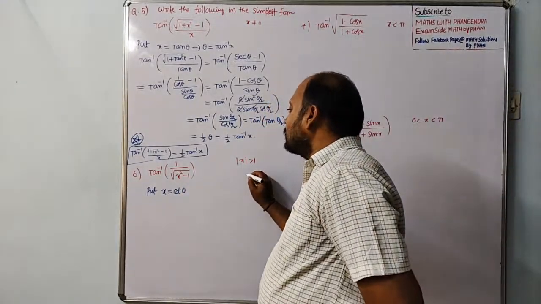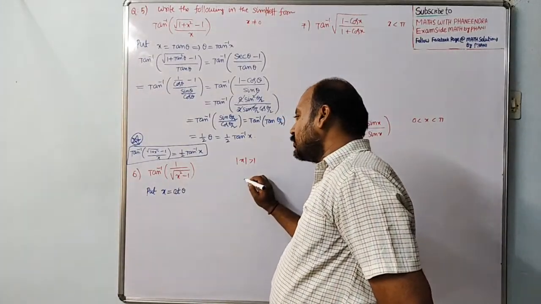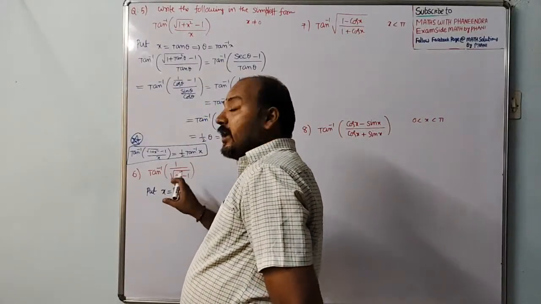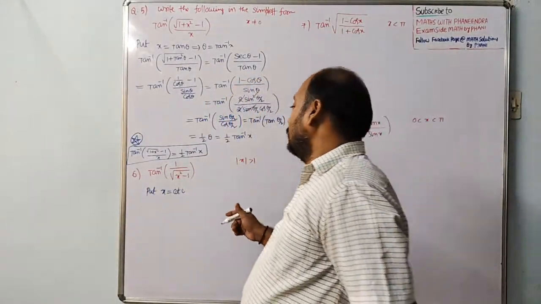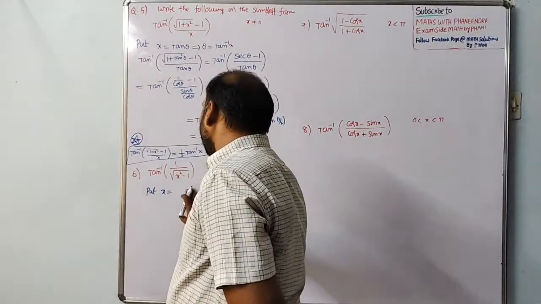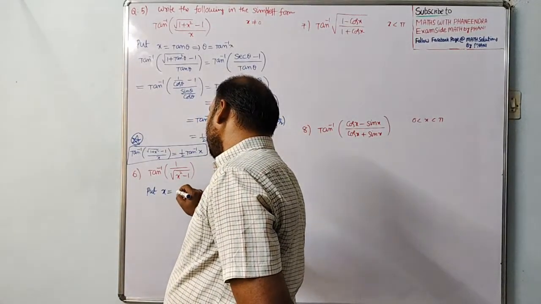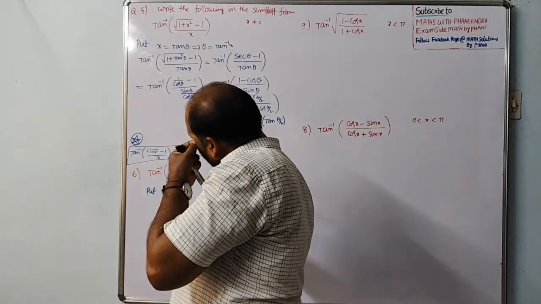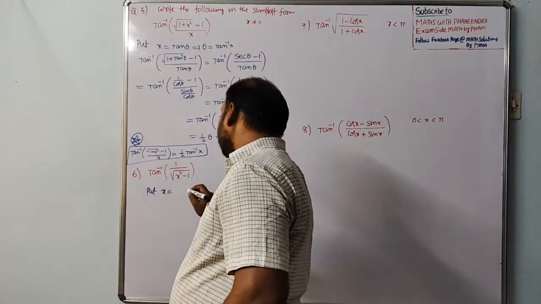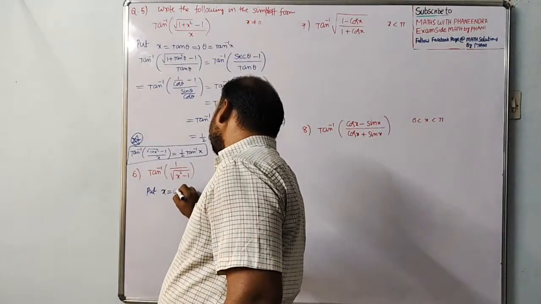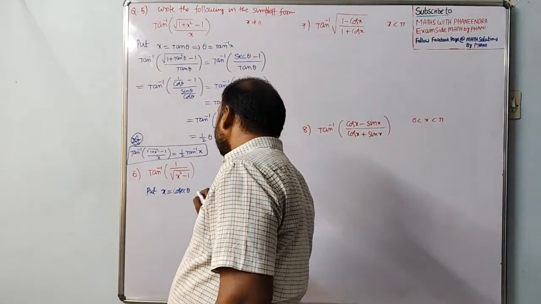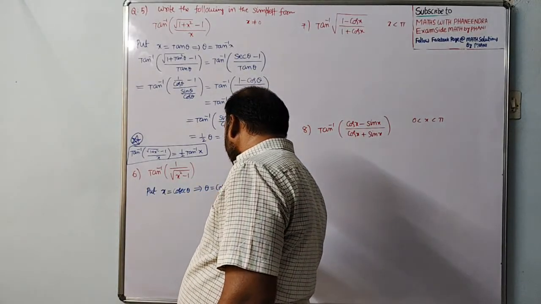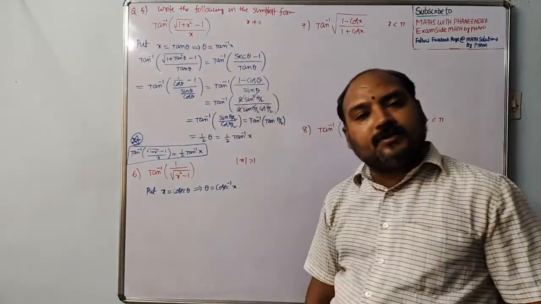Cosecant square theta minus cot square theta is equal to 1, no? So x square minus 1, I want to get. What values? Here theta is equal to cosecant inverse of x. Am I right?